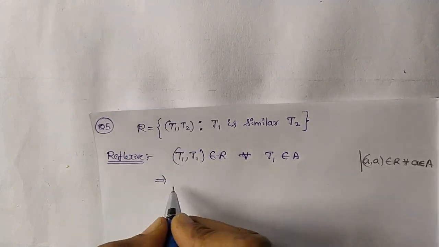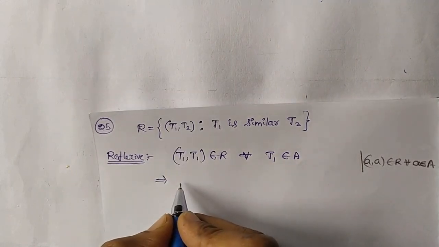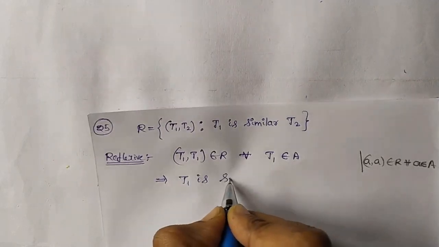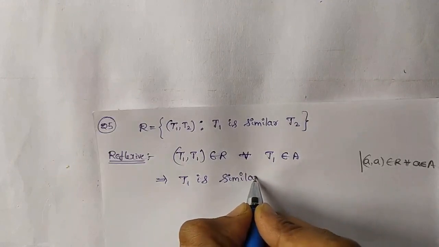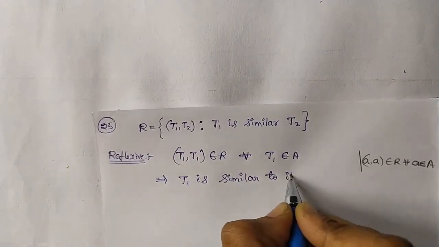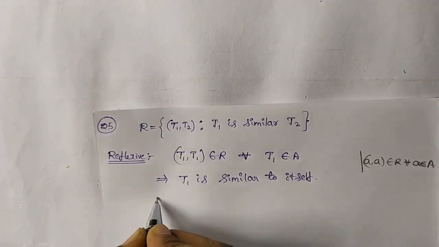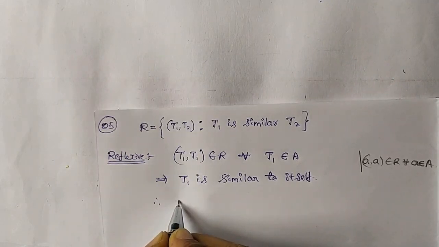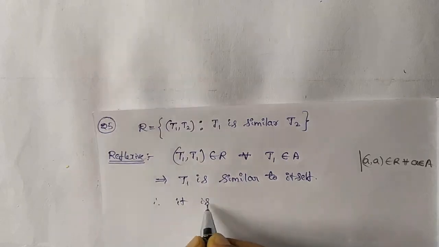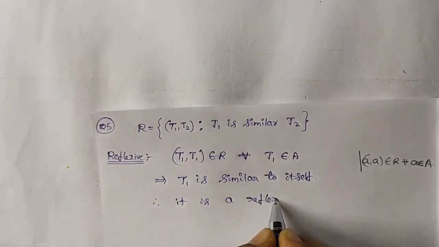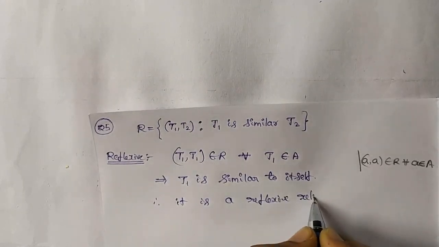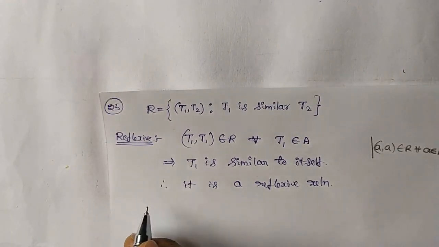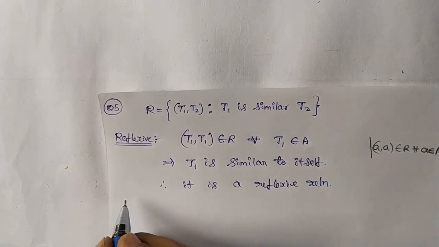We know that T1 is similar to itself. Therefore, it is a reflexive relation. A triangle is similar to itself, so it is a reflexive relation.